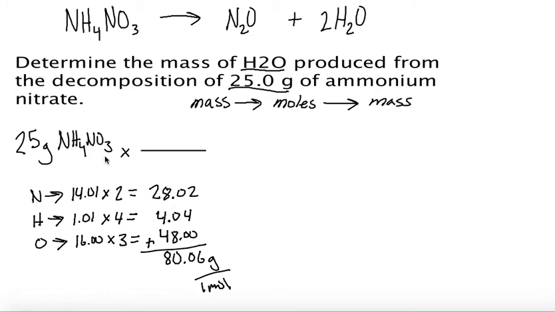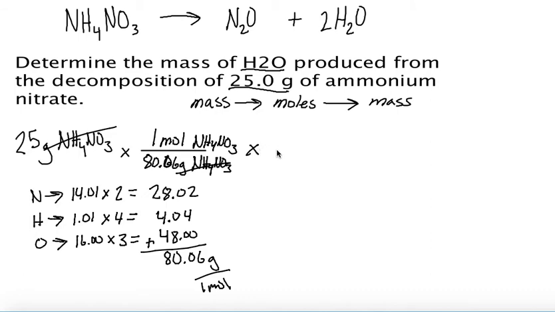All right, there's the molar mass, so I'm going to put 80.06 grams on the bottom of NH4NO3 for every 1 mole of NH4NO3. Remember, we put moles on the top because that's what we want. Grams of NH4NO3 goes away, leaving us with moles.